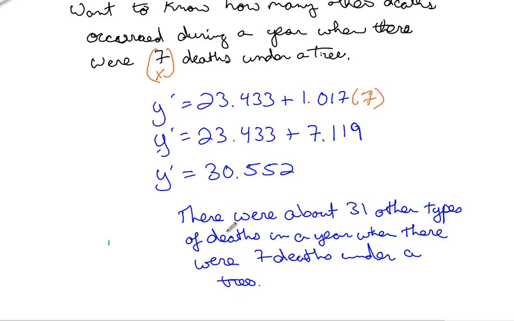So we now know that there were approximately 31 deaths, other types of deaths, when there were 7 deaths under a tree.